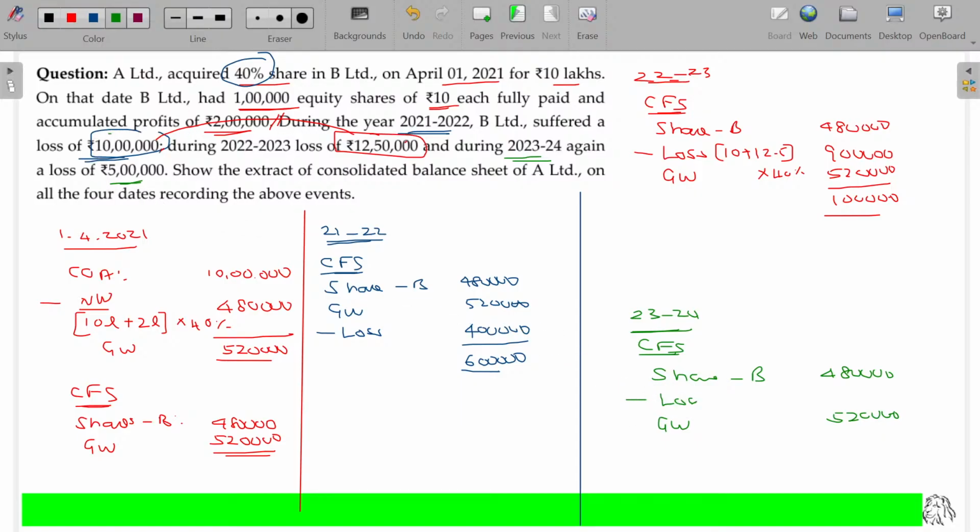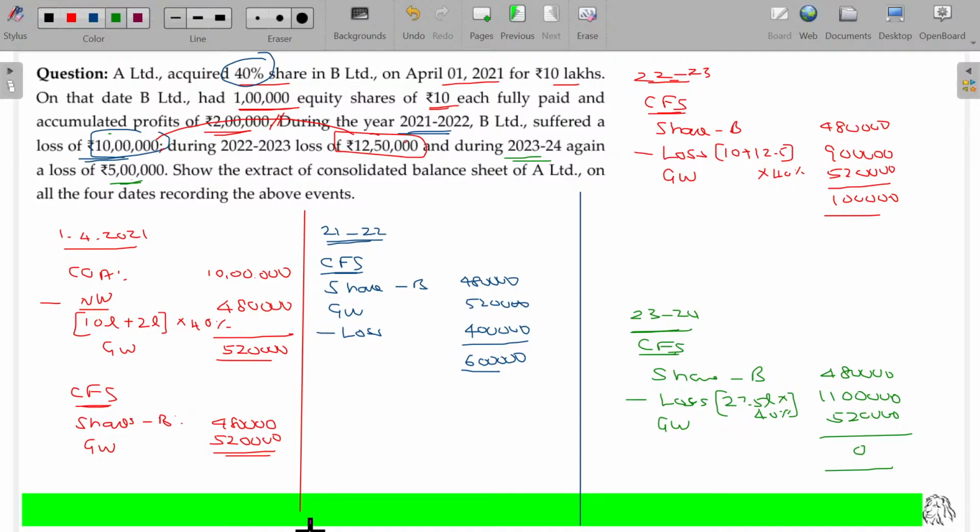Overall loss being 10 plus 12.5 plus 5. In the balance sheet of B, year on year, the loss is accumulated. If you refer to the balance sheet as on this date, the balance sheet shows 27 lakhs 50,000 being the loss. 27.5. On that 40% will be calculated. How much is that? 11 lakhs. And what is the investment value in CFS? 0. You cannot show in negative.